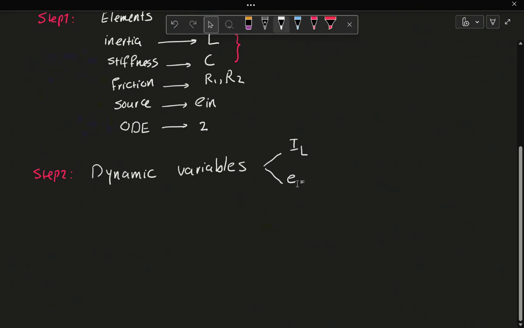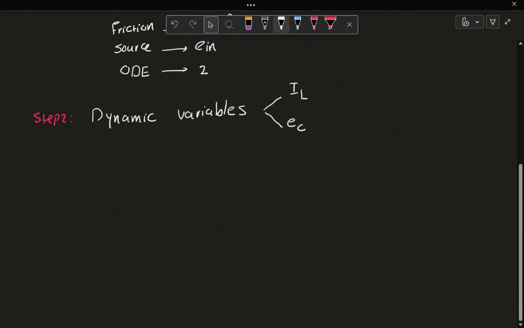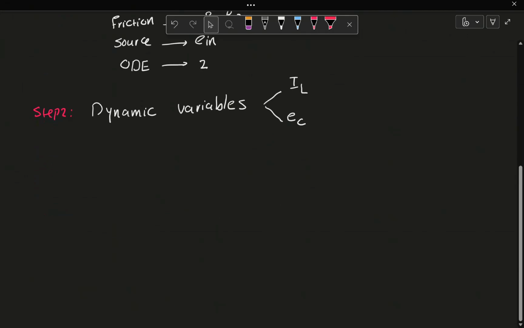So EC and IL are your dynamic variables. With this, I'm ready to go to step 3, which is writing down the two ODEs for the energy storing elements. Yes, so one ODE for the capacitor and one ODE for the inductor.